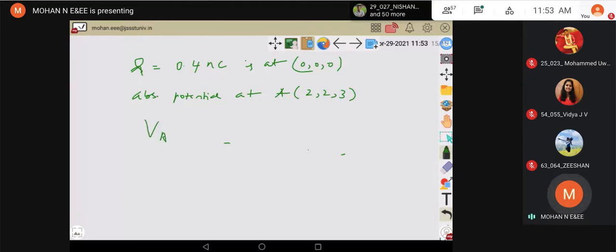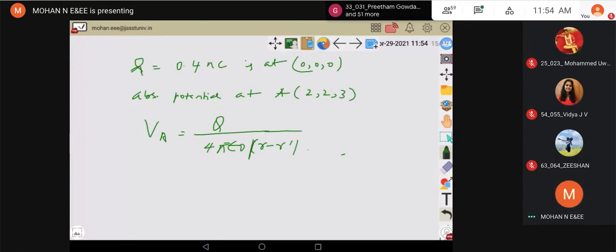So I am to solve for VA. It is nothing but Q by 4 pi epsilon naught times the magnitude of R minus R dash.